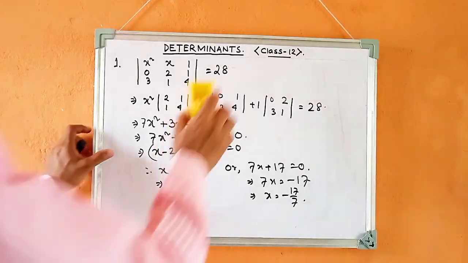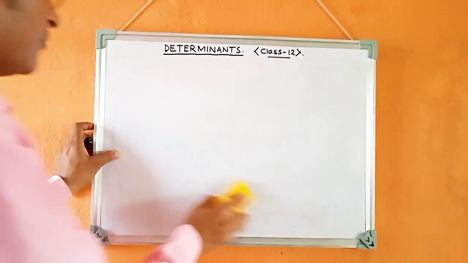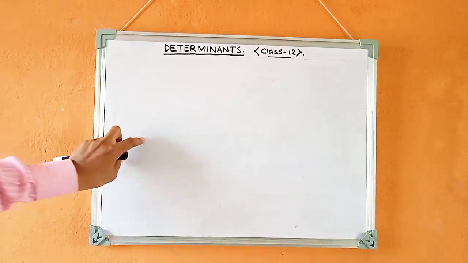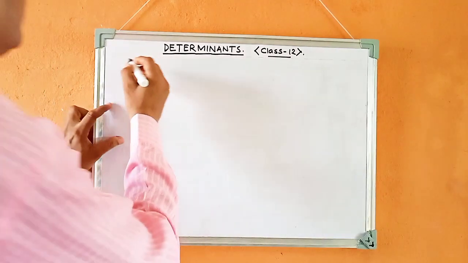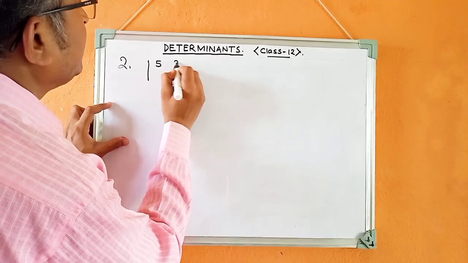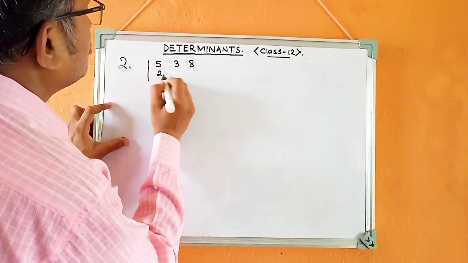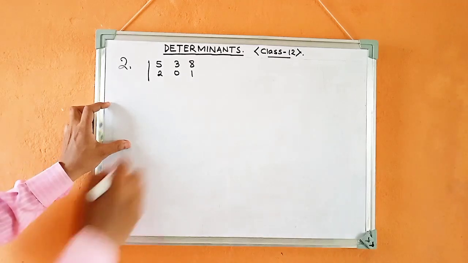Come to the next example, example number 2. See carefully. Given a determinant with rows 5, 3, 8; 2, 0, 1; 1, 2, 3.